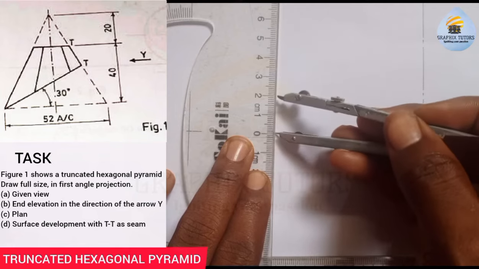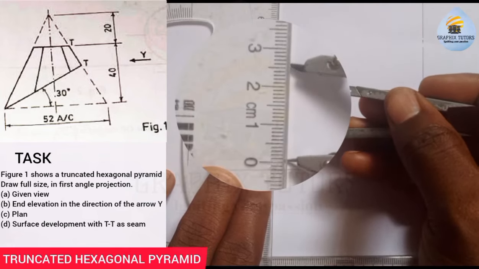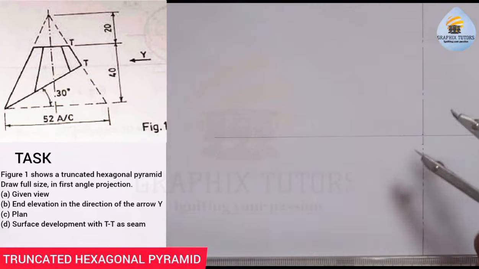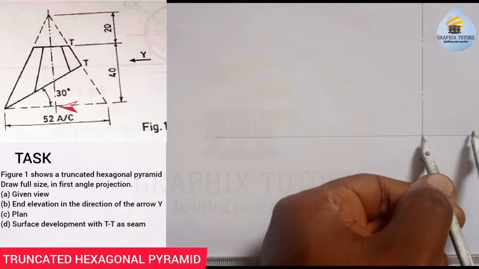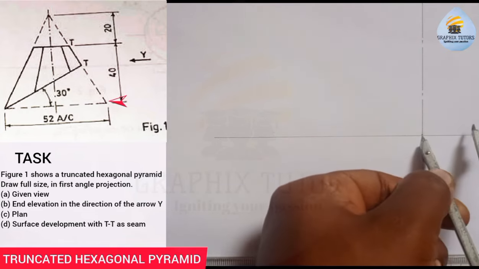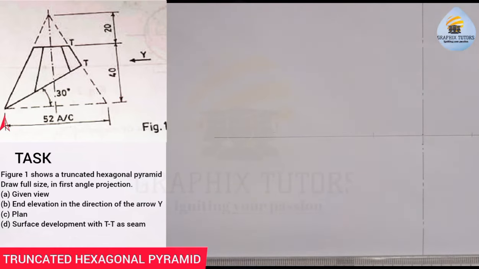From 0 to 20, to this point 25, then 26. I will place it at the point where the horizontal and vertical lines meet, then mark to the left and also to the right. That will represent the base.